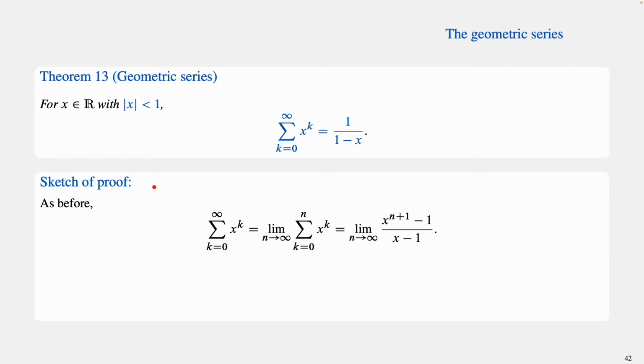And I will sketch the proof, and it's a sketch only because we haven't really discussed convergence properly. But just as I wrote before, this infinite sum is by definition the limit of the finite sums. And this is the limit of n to infinity of x to the power of n plus 1 minus 1 divided by x minus 1, because this is just the formula for the geometric sum up to n.